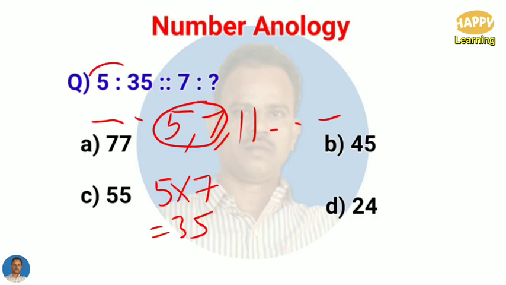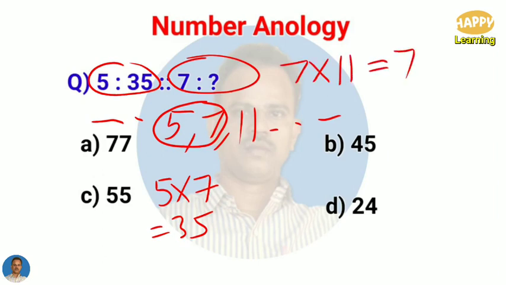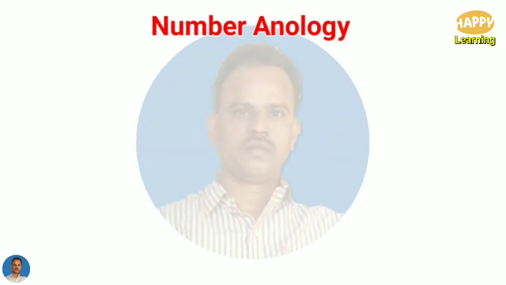Similarly, here 7 into the next prime number 11 equal to 77. We have this 77. So the answer is 77. Okay, right.